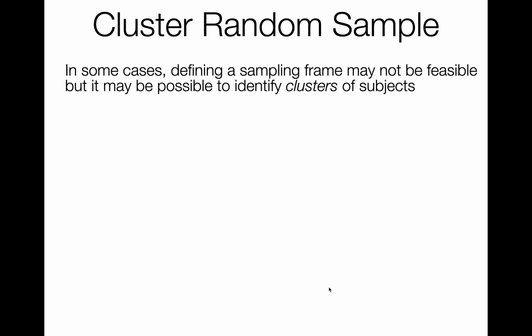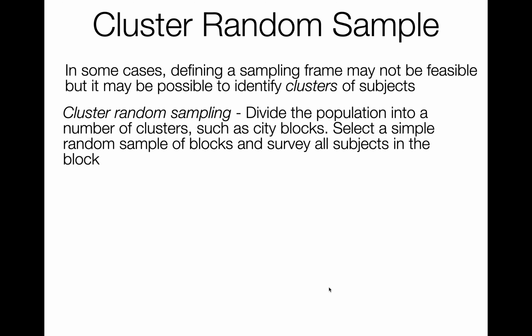And so I wouldn't be able to collect all possible people to make a sampling frame and to do simple random sampling. So it may be possible for me to identify clusters of subjects. So maybe I can't identify single people in the United States, but I can identify zip codes or counties or maybe states, and those are clusters of subjects.